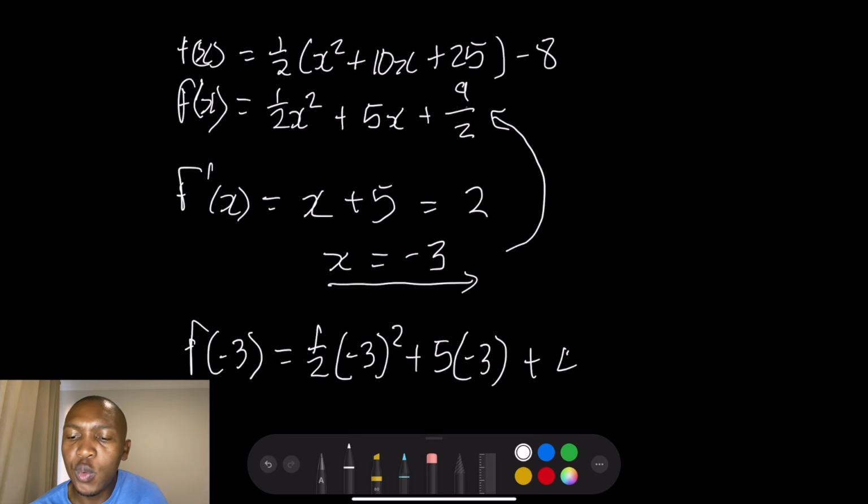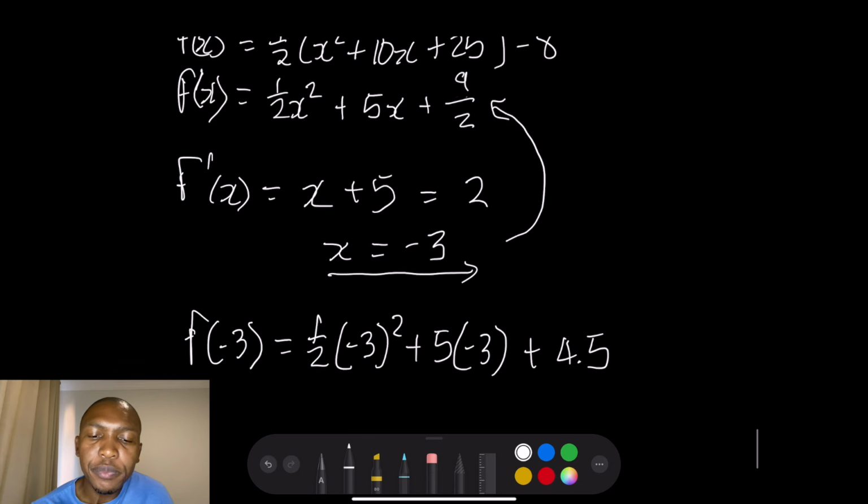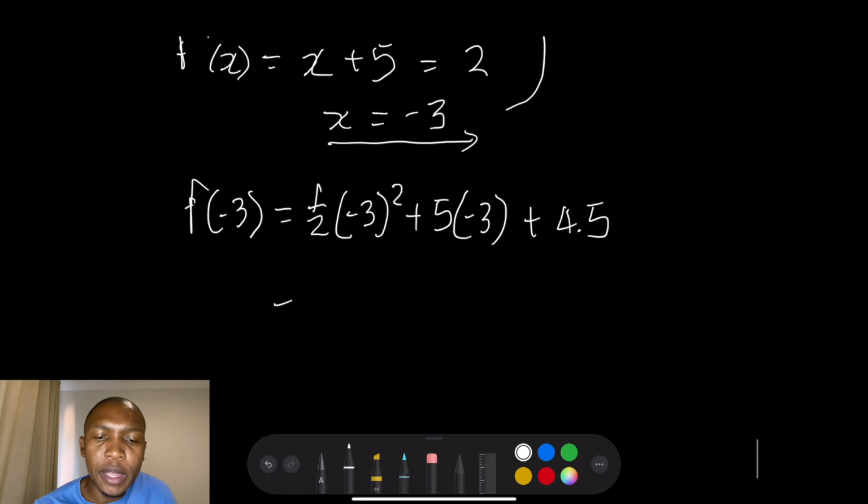Plus 9 over 2, which is 4.5. I don't have my calculator next to me. So that is going to be 9 over 2, minus 15.